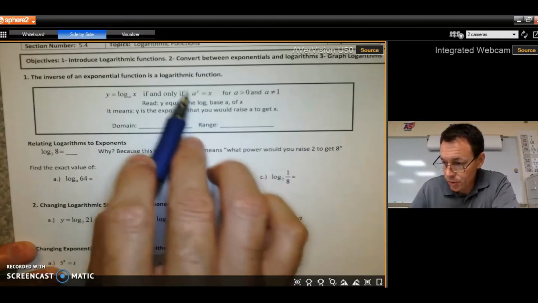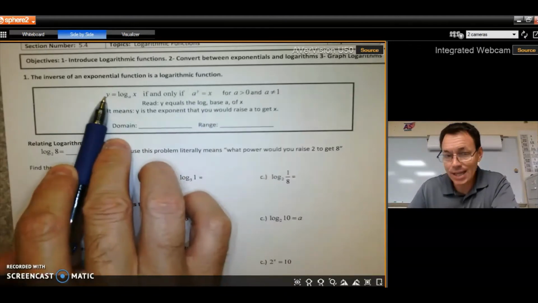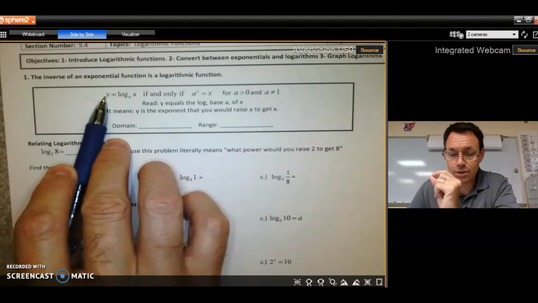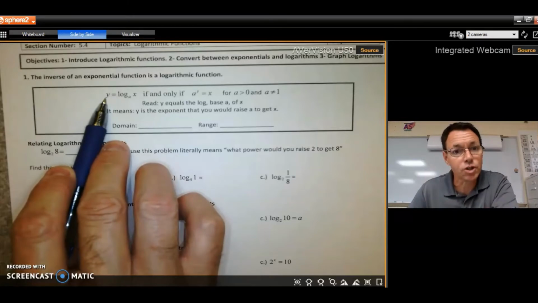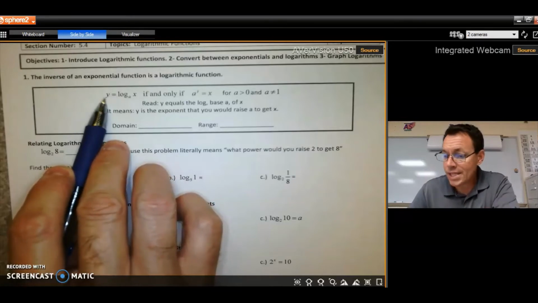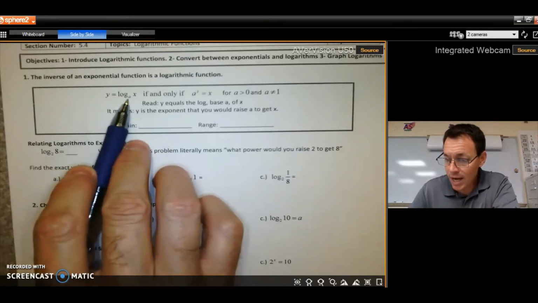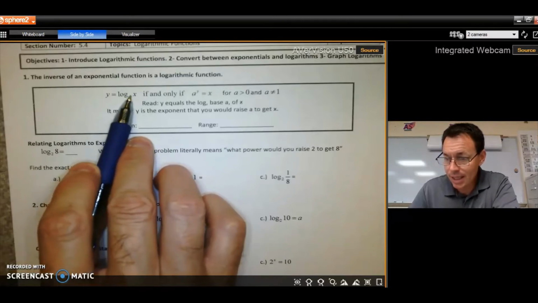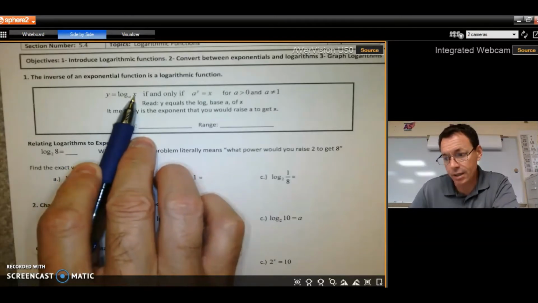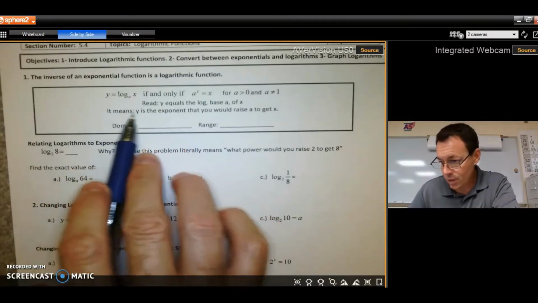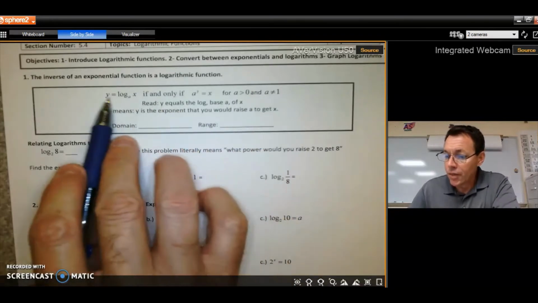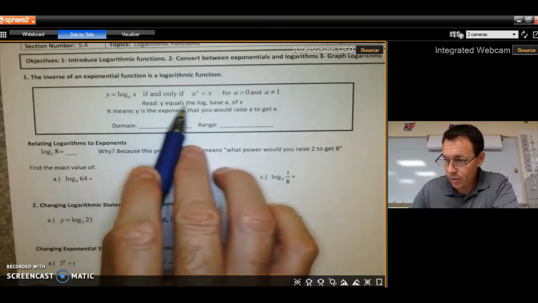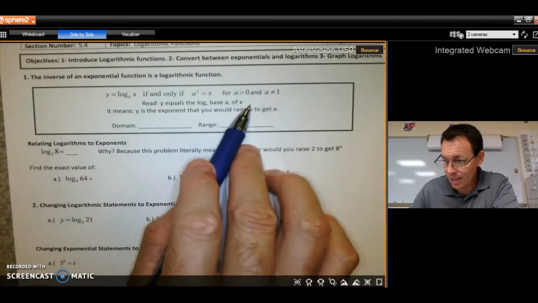So a to the y power equals x. If this is true, then y, which is an exponent, is what your answer is with logarithms. Your answer is an exponent. You're trying to find what exponent I raise this base to, to get this value right here. If you need to reread this a couple times until it makes sense, this is how you say it: y equals the log base a of x.